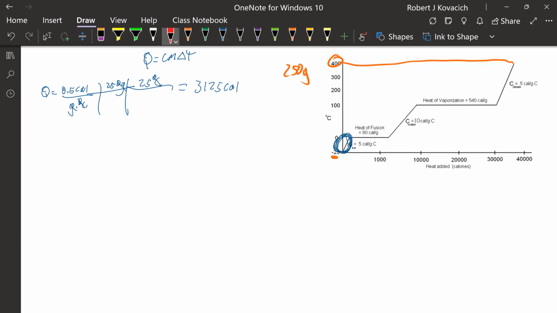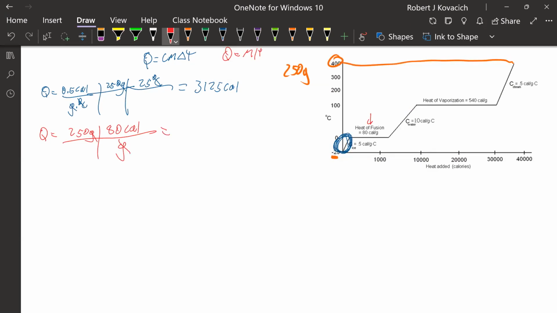Okay, so that's how much energy it takes to do this part right here. All right, so let's do the next part. Got another Q. The next part, we're going to be using Q equals mH. And so the H is the heat of fusion. And so that's given right here in this problem for water. And so we just need to know the mass and how many calories it takes per gram, in this case, to melt ice to turn it into liquid water. So we'll just start off with our 250 grams, and then it's 80 calories per gram.